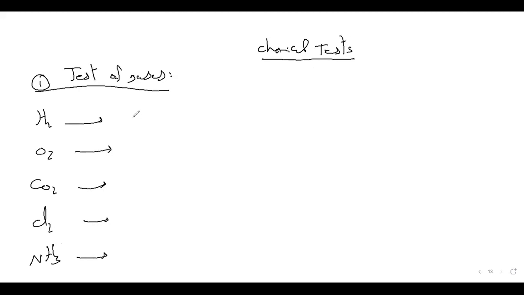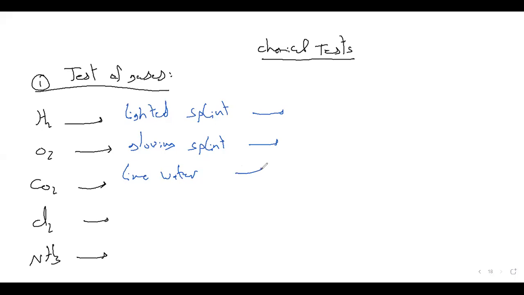For hydrogen, a lighted splint. Oxygen, a glowing splint. Carbon dioxide, lime water. Chlorine and ammonia, litmus paper.